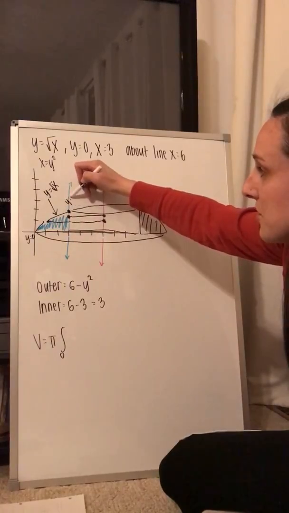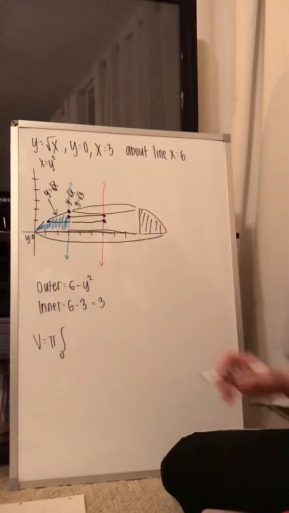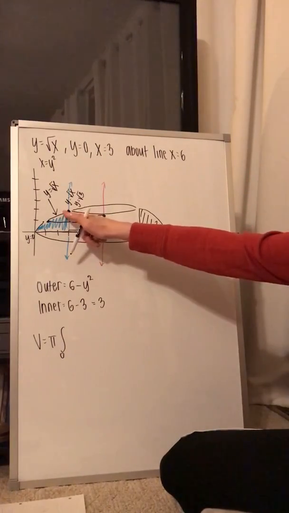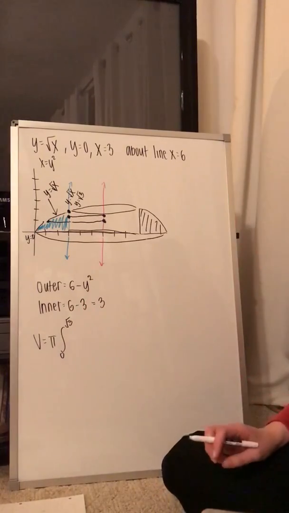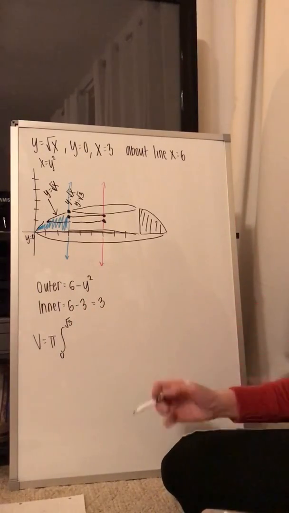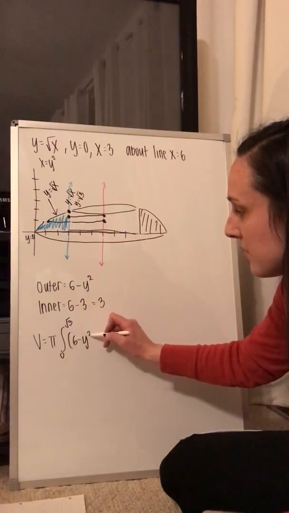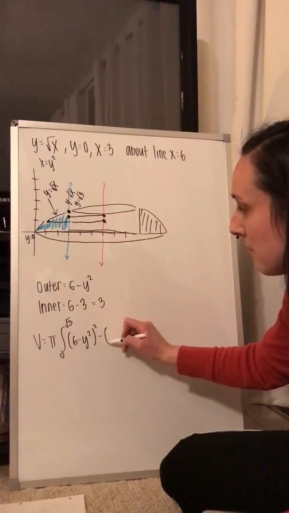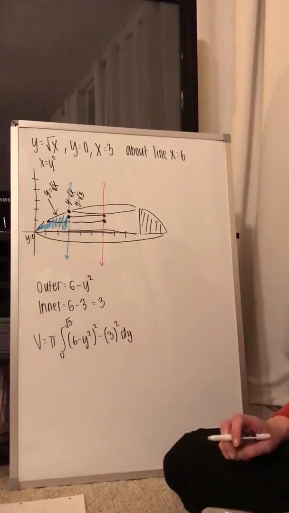So if y is equal to the square root of x and the x value is 3, that must mean that the y value at this point would be the square root of 3. So we're integrating from 0 to root 3. My outer radius is going to be 6 minus y squared, squared, minus my inner radius of 3 squared, dy.